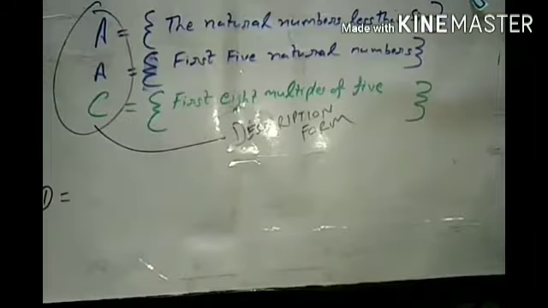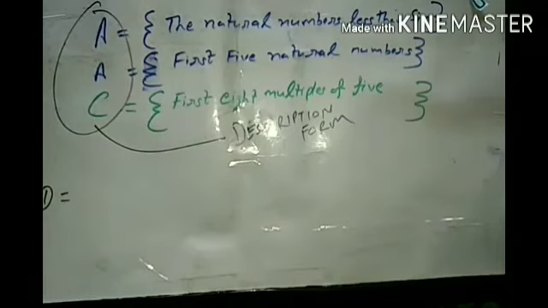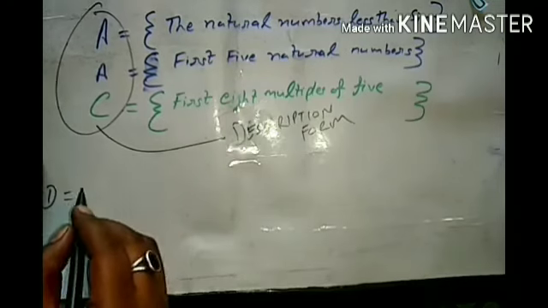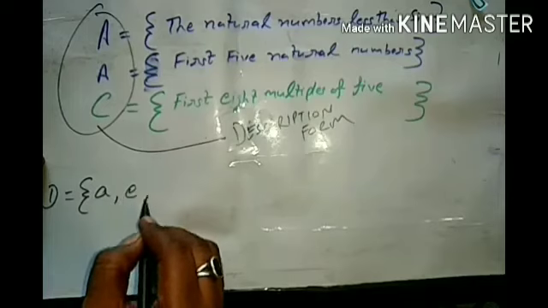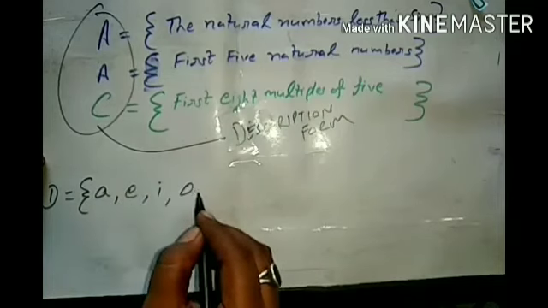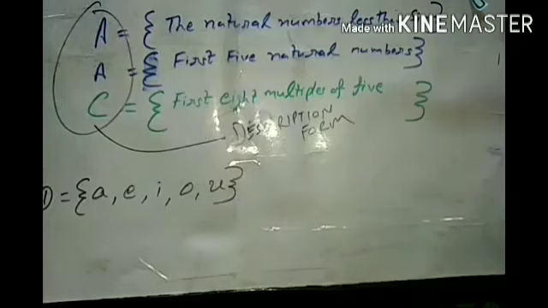For more concept clarity, we take another example. This is a very common example: if the direction is to write the vowels of the English alphabet, how will you make the set of these? The first is A, E, I, O, U. Which form is this?